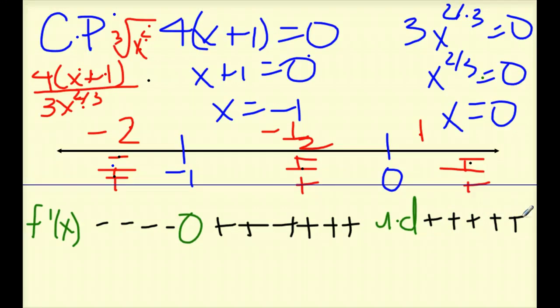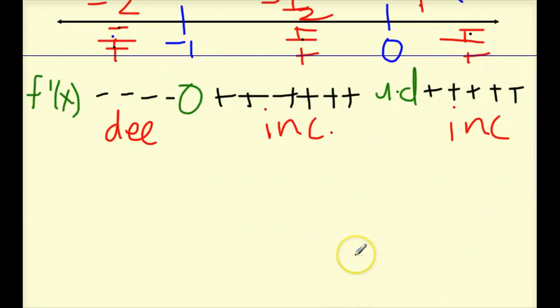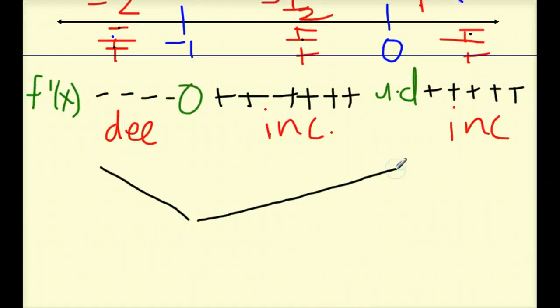So let's take a look at what this is telling us. Negative numbers are telling me I'm decreasing. Positive numbers are telling me I'm increasing. And if I were to sketch this out, let me scroll down just a little bit, I see that I would be decreasing here, increasing here, and if you notice, I continue to increase right here.